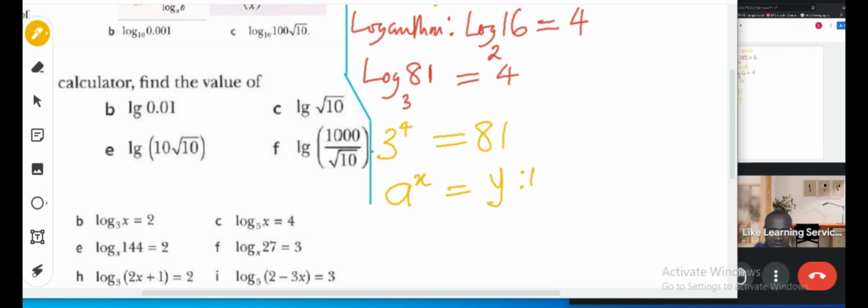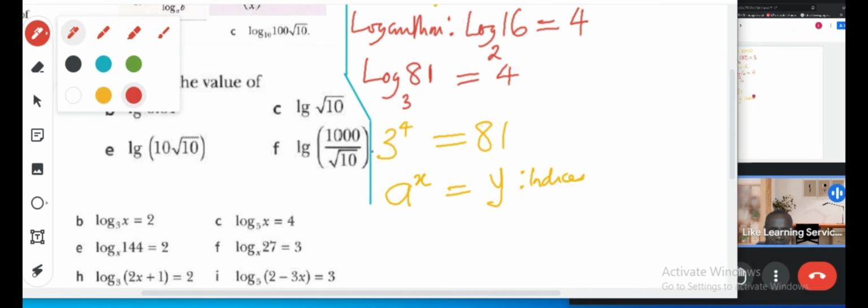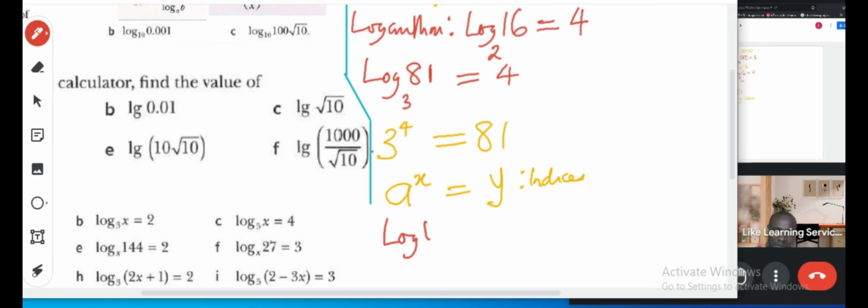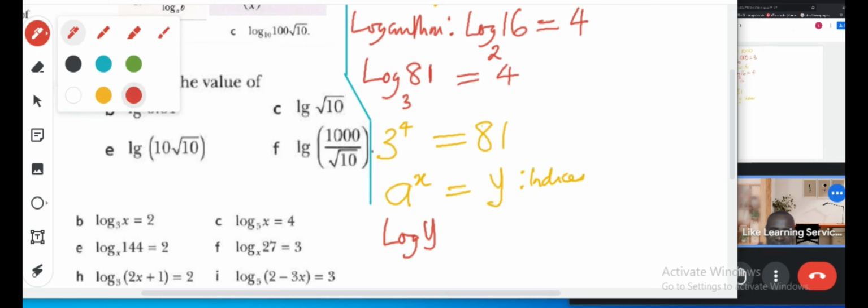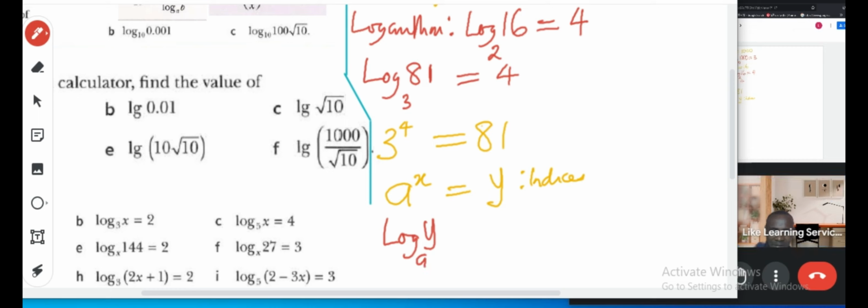This is in indices. Okay, let me write it in logarithm. Log y in base a is equal to x. This is in logarithm form.